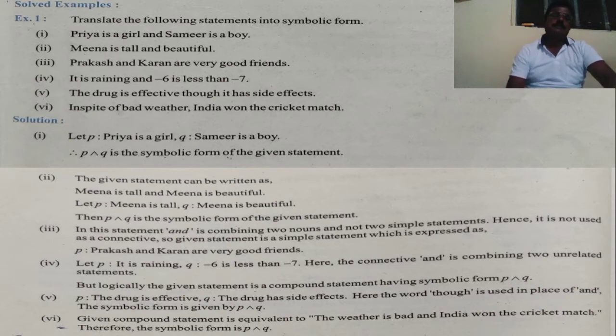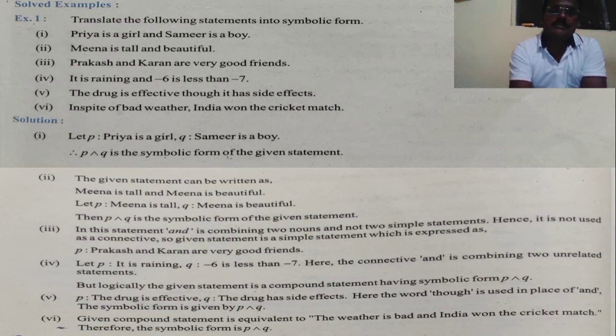For example, the first statement: Priya is a girl and Samir is a boy. We are given two simple statements. Solution: let P be the first simple statement, Priya is a girl. Let Q be the second simple statement, Samir is a boy.